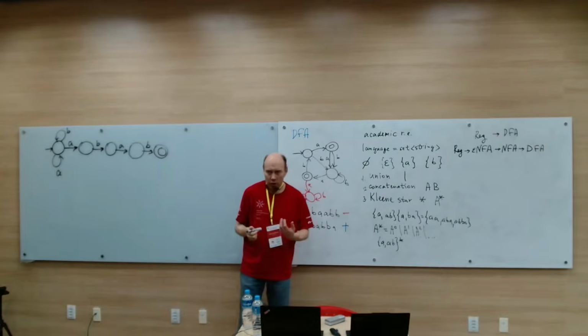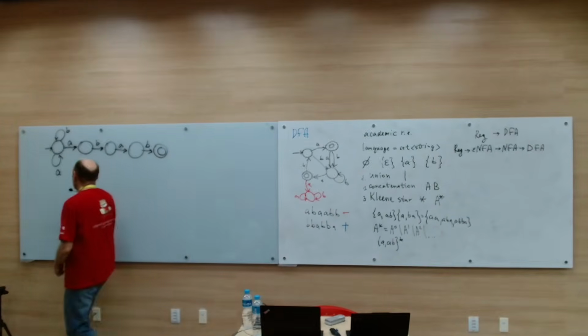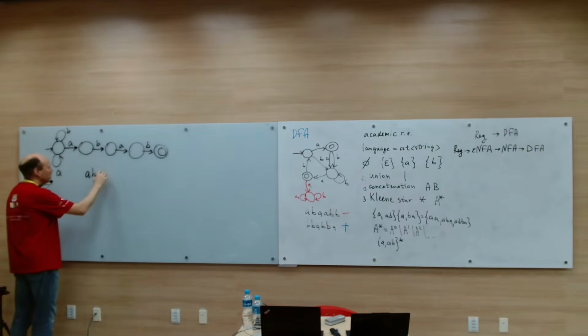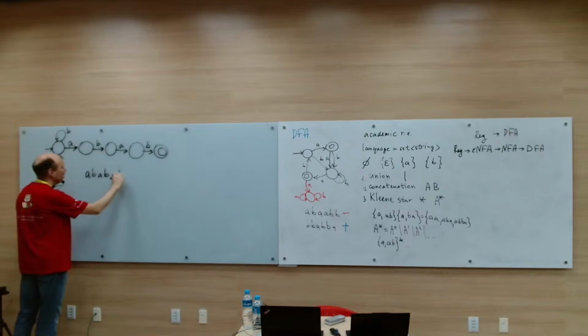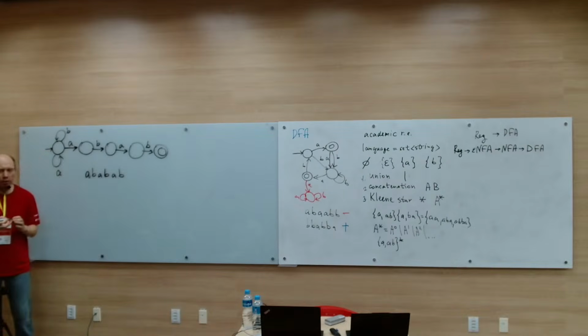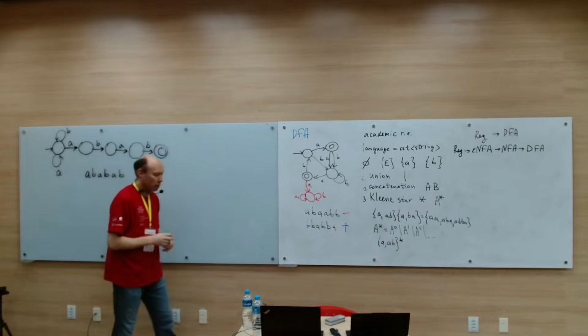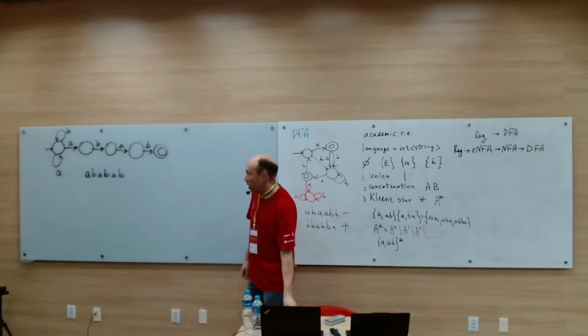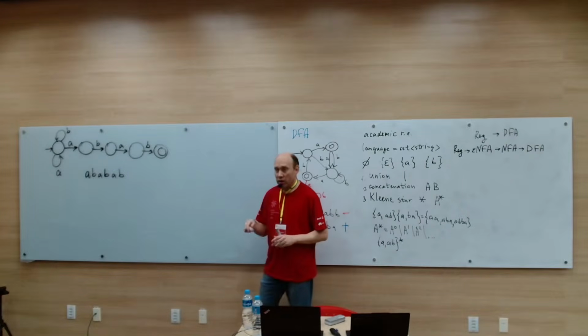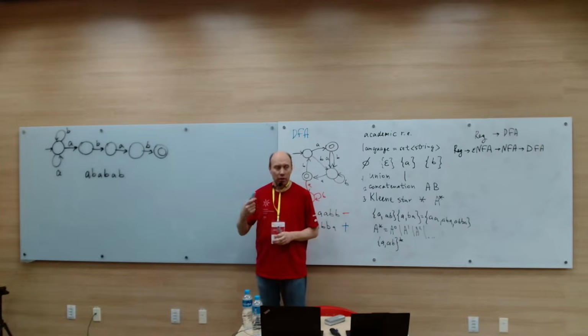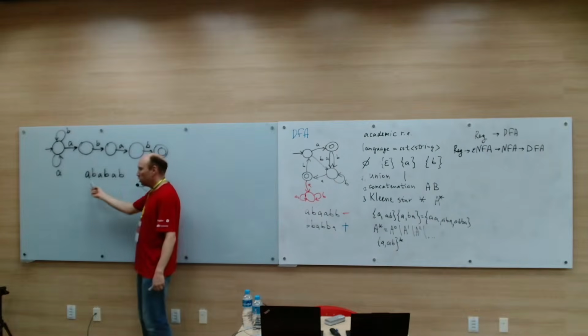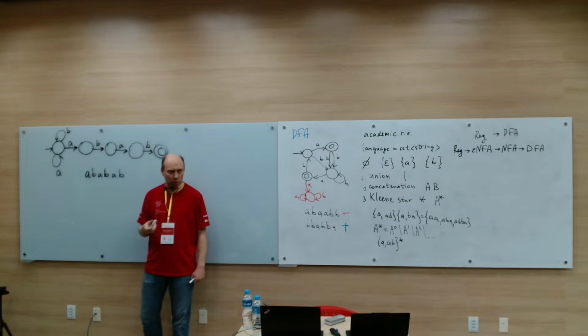But how does it work? When you have some string, does it accept it or not? The idea is the following. The NFA accepts the string if there is some path marked by these letters in this order that leads to a terminal state.